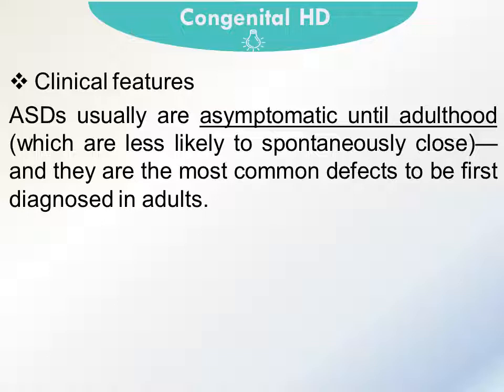Over time, however, chronic volume and pressure overloads can cause pulmonary hypertension. Surgical or intravascular ASD closure is thus performed to prevent the development of heart failure, paradoxical embolization, and irreversible pulmonary vascular disease.